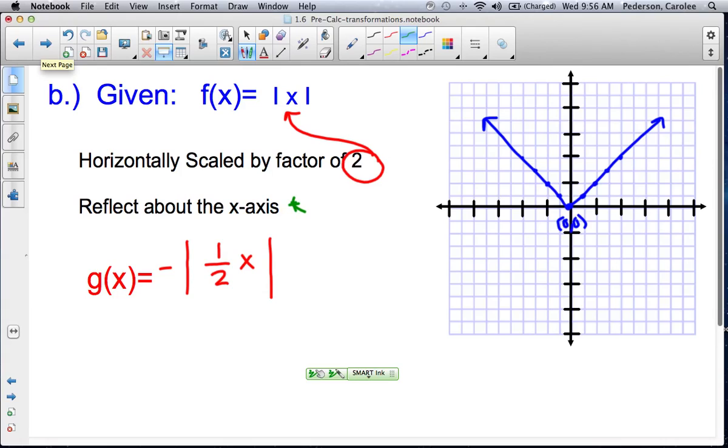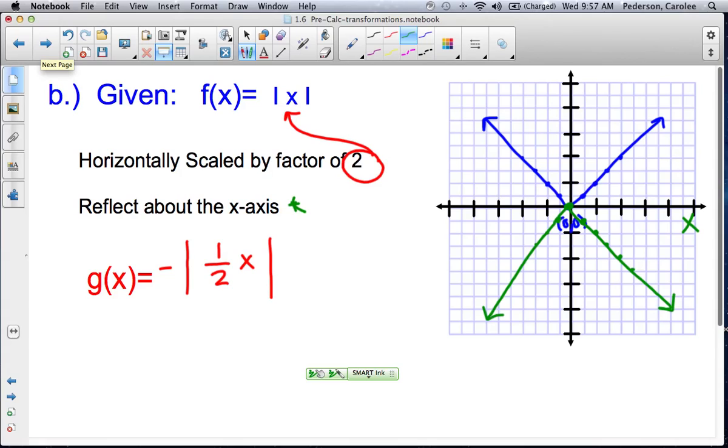So I go along the x-axis. I'm going to imagine folding the piece of paper along that x-axis. Where's my critical point going to go? Still at 0, 0. And now imagine where 1, 1 is going to go? 1, negative 1. Negative 2. And we just continue this pattern. So there's one transformation, but that's not our final answer.